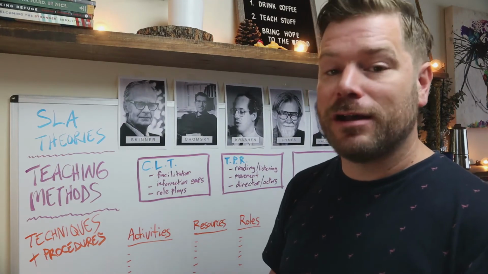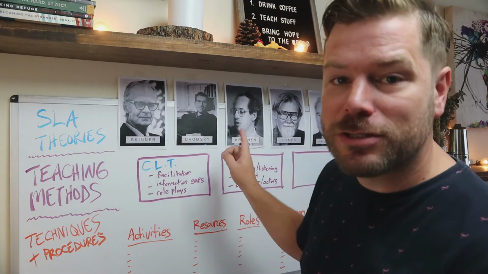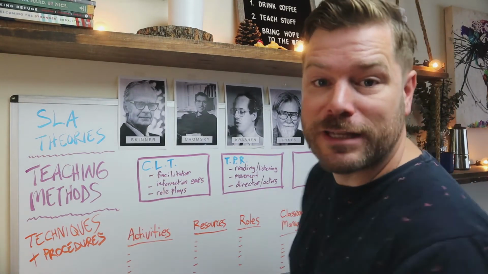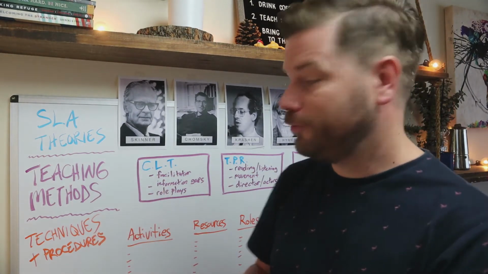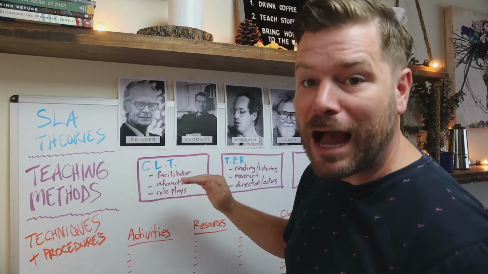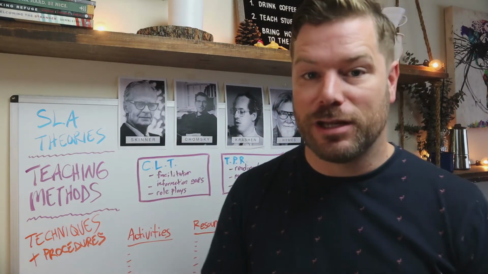Eventually, someone comes along and says, if this is how language is learned, then I recommend this collection of techniques and procedures to teach your students. And they package it, they put a name on it, and they spell out, this is how you should teach a student.